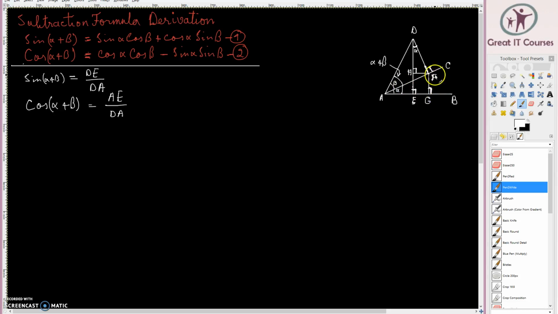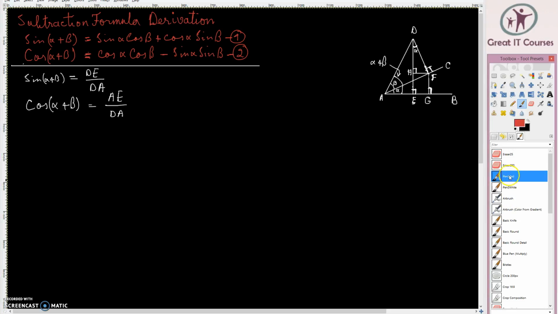And the reason is the straight line AC. You can see that this line HF and the line AB are parallel.